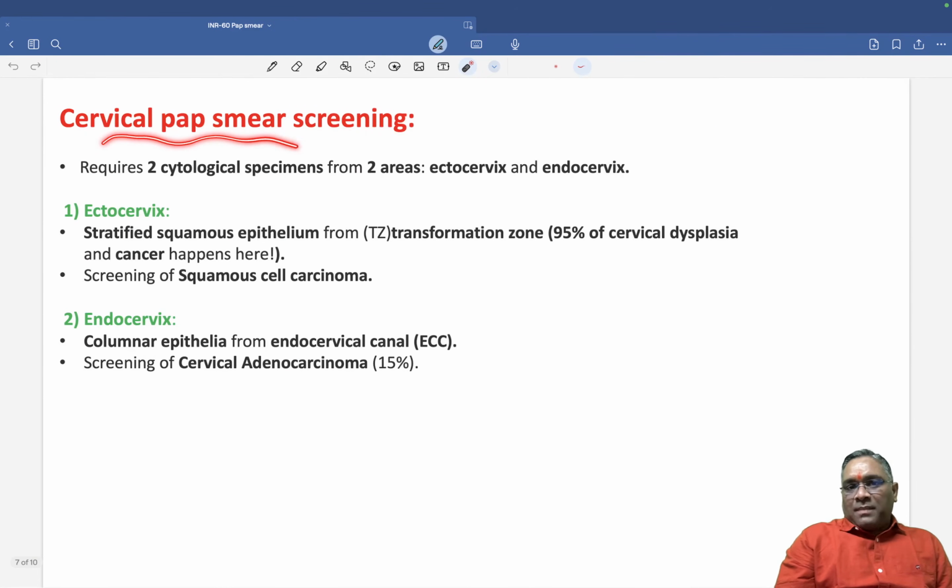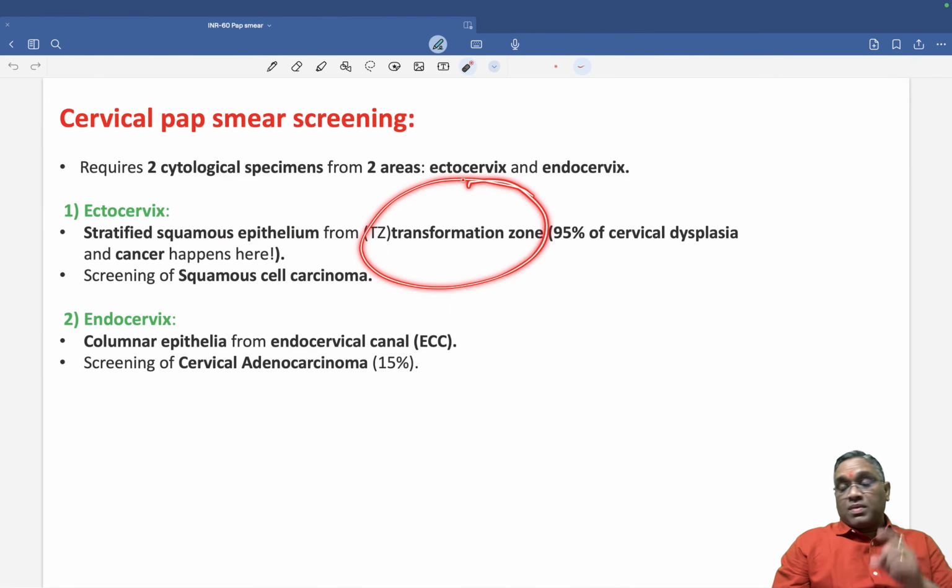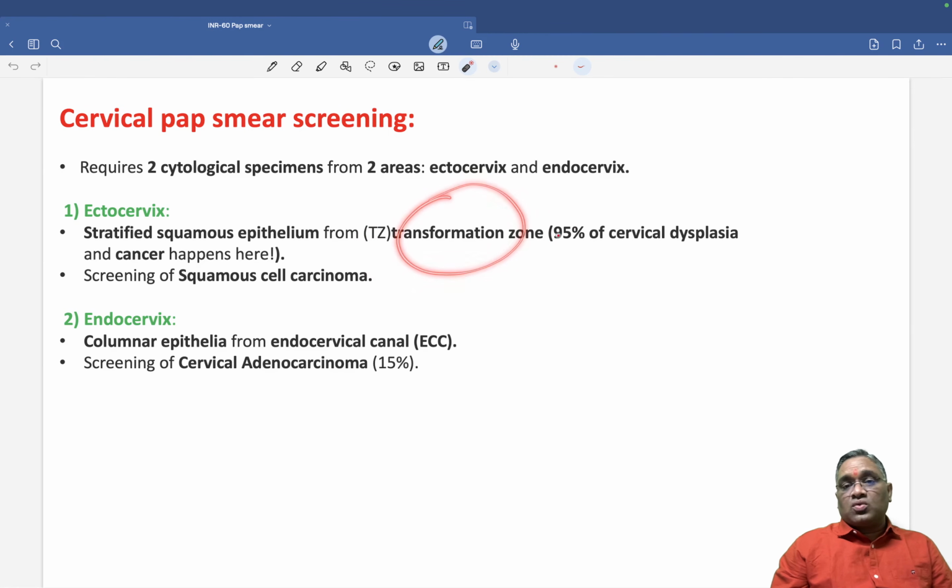Now, for cervical pap smear screening, we have to prepare 2 cytological specimens from 2 areas, one from the ectocervix, another from the endocervix. In the ectocervix, we are going to check the stratified squamous epithelium from the transformation zone. Why are we looking at the transformation zone? Because, remember, this is an important MCQ, the transformation zone has the maximum chances of cervical dysplasia and cancer.